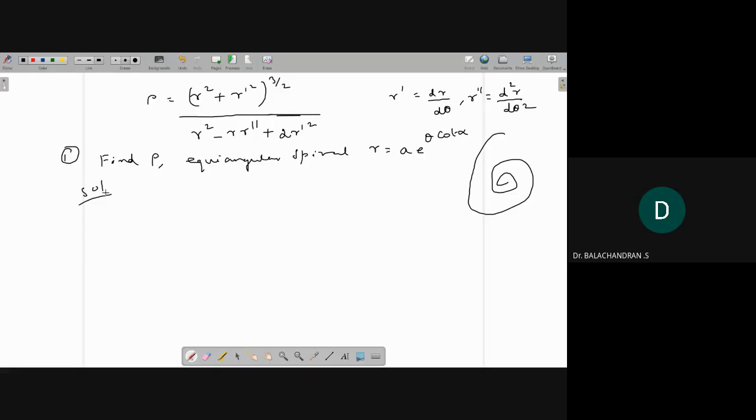Again, you need to find first r dash. r dash is equal to, differentiate with respect to theta, r dash means dr by d theta. So a into e power theta cot alpha. If you differentiate e power theta cot alpha, you get e power theta cot alpha, and if you differentiate theta into cot alpha, you'll get cot alpha.